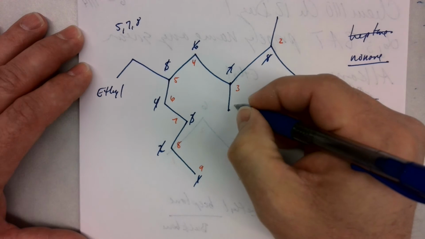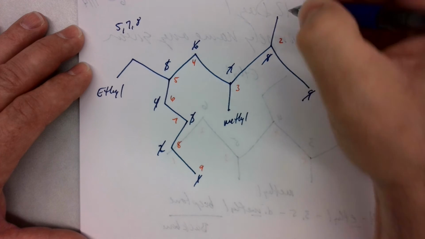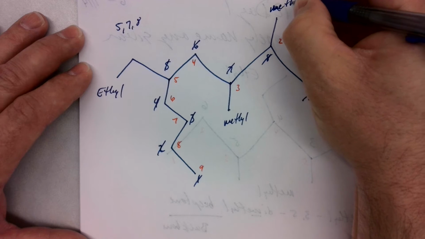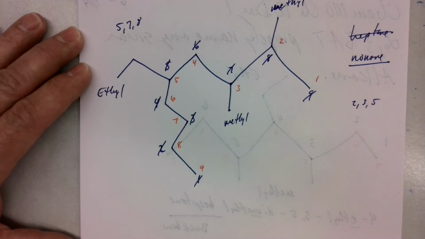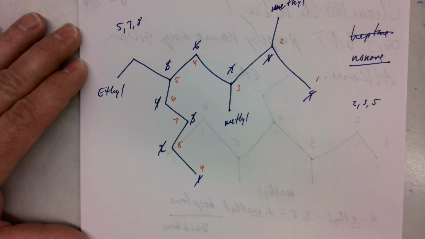Okay. 3 is a methyl. 2 is a methyl. So I end up with 2 methyl, so I know I'm going to have a what? A dimethyl, right? If I had 3 methyl branches, then I would have had a trimethyl. Okay? So, how am I going to order this?